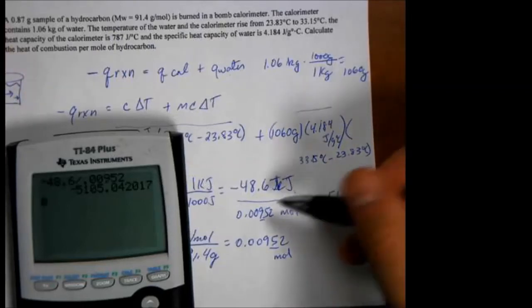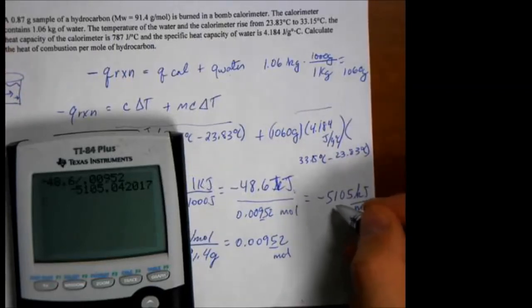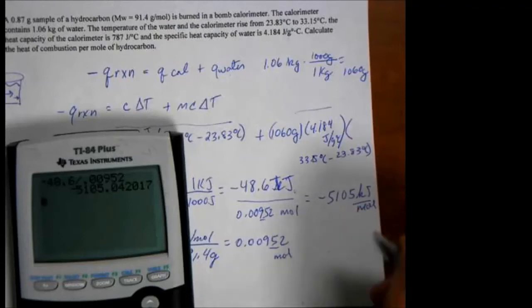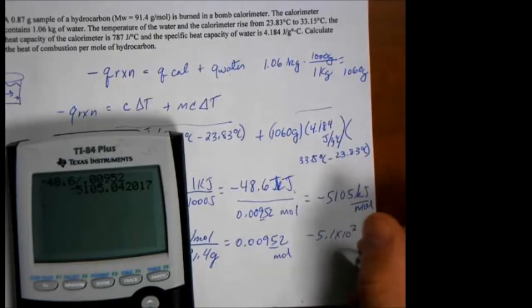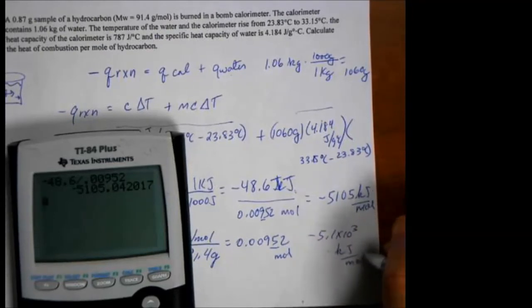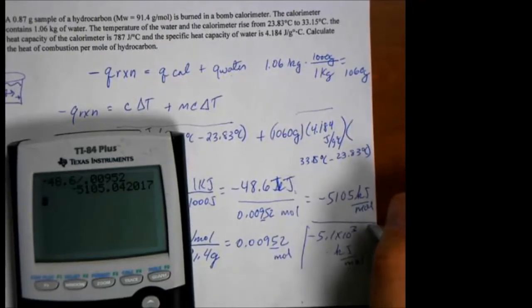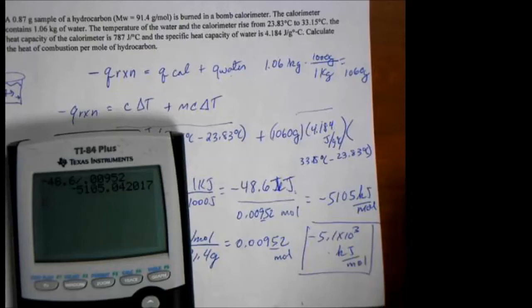And with sig figs, there's going to be only 2, so this would be 5.1 times 10 to the third kilojoules per mole, minus 5.1 times 10 to the third kilojoules per mole. So that's your final answer. Okay?